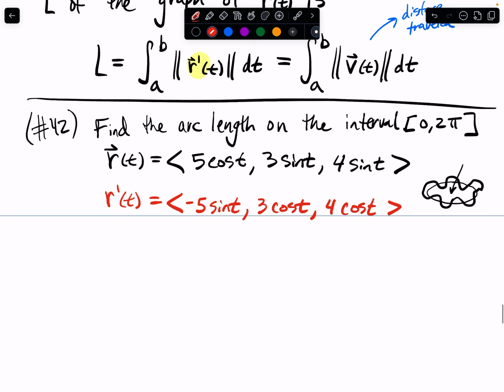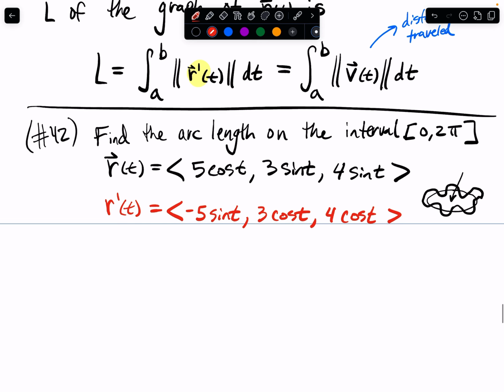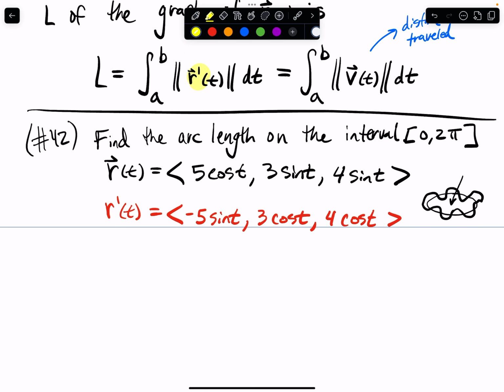Okay? So what am I going to do? I need to find the magnitude of that vector.